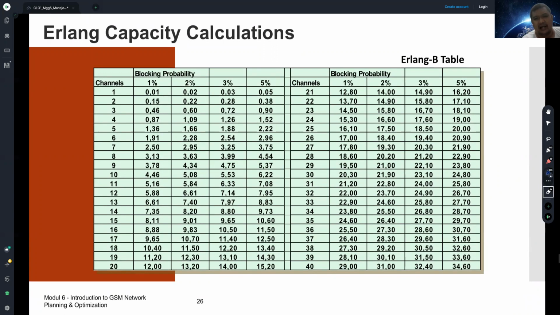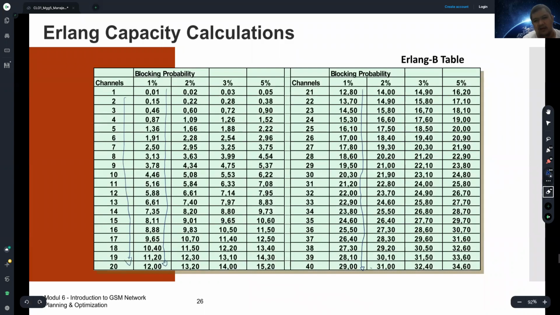And this one is the Erlang capacity calculation. In the Erlang capacity calculation, we could see that the more number of channels, we could have the larger number of traffic, right? Which means that the more channels that we have, we could have more traffic within our network.